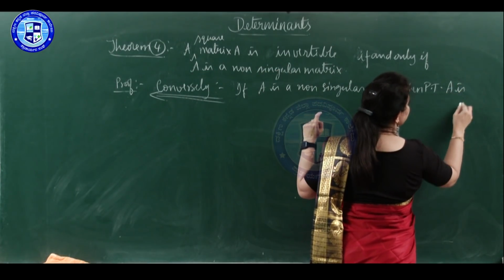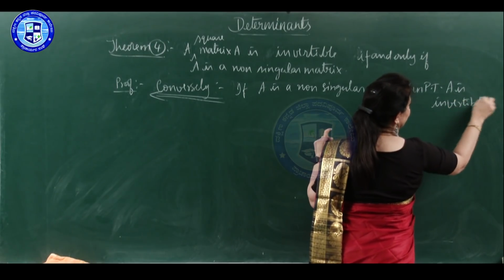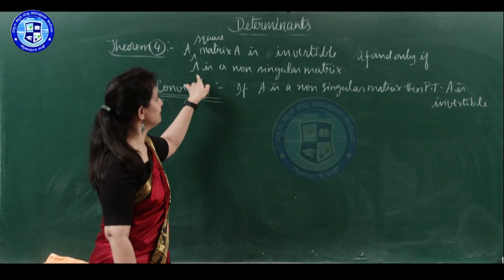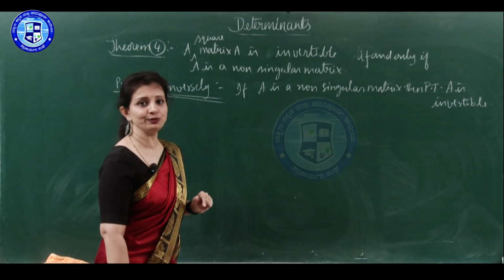You have to prove this. So, the converse of this theorem is: if A is a non-singular matrix, then A is invertible. We have to prove A is invertible.